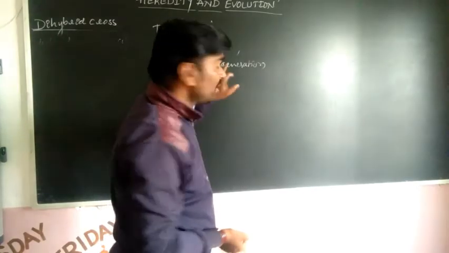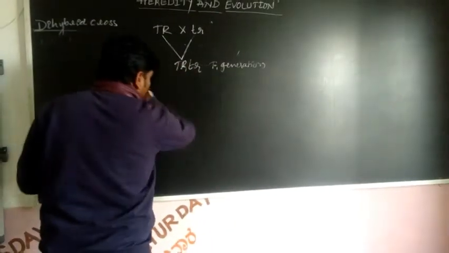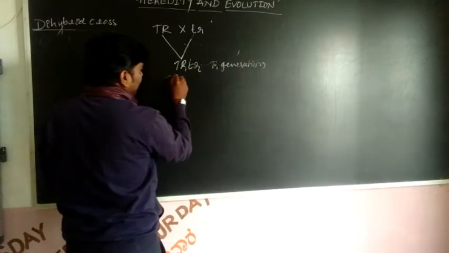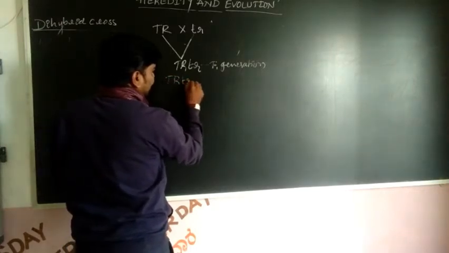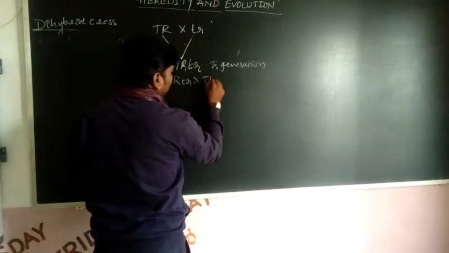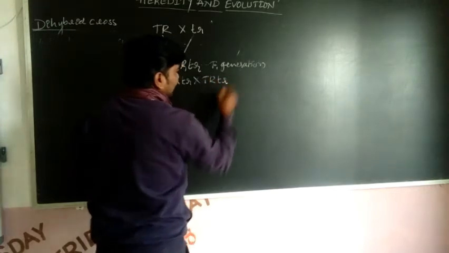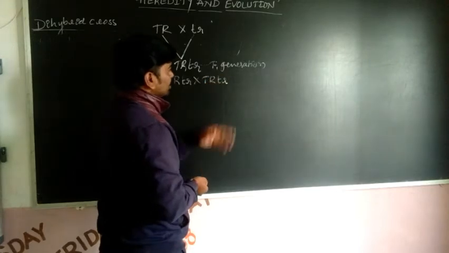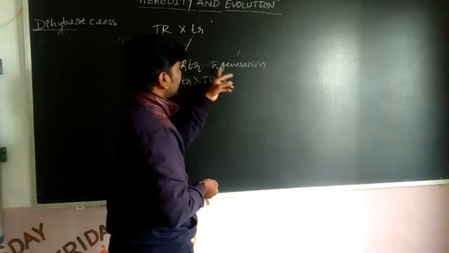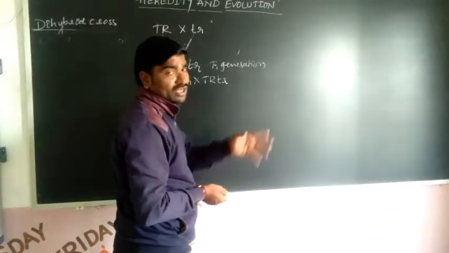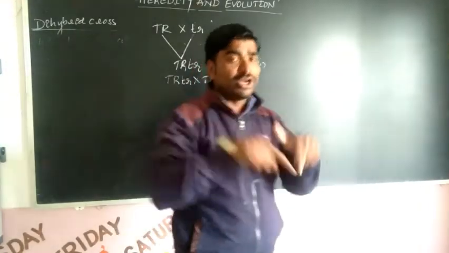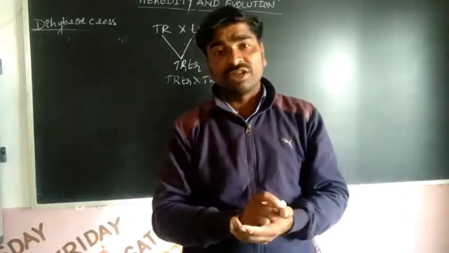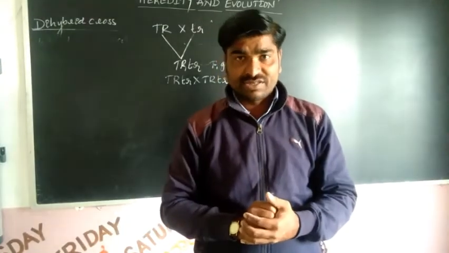Is it clear? But in the second filial generation, capital T, capital R, small t, small r crossed with capital T, capital R, small t, small r. In the first filial generation, all plants become self-pollinated. During the second filial generation, what are the results?